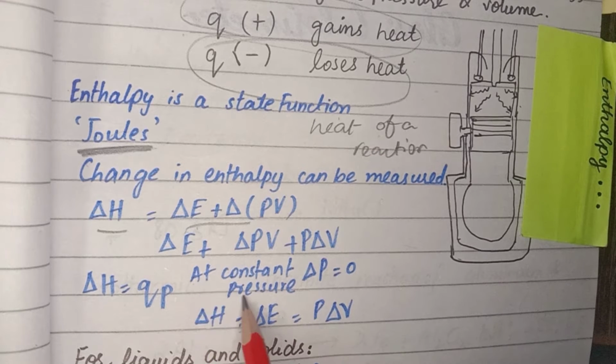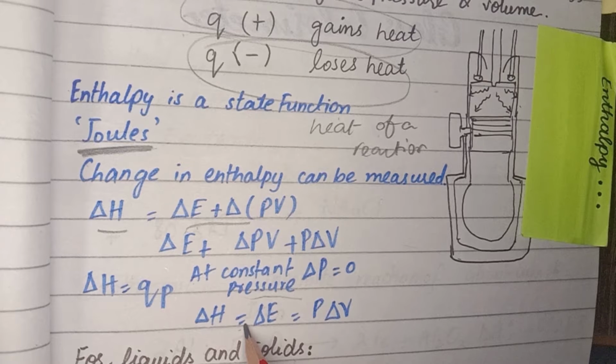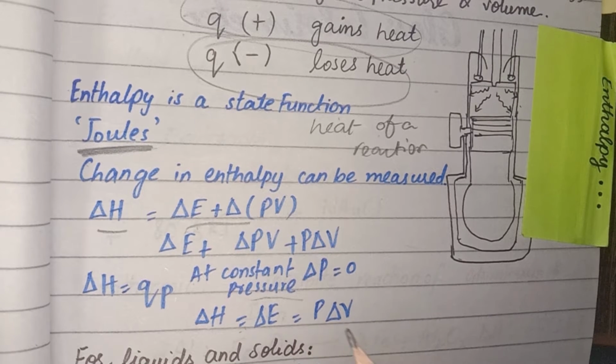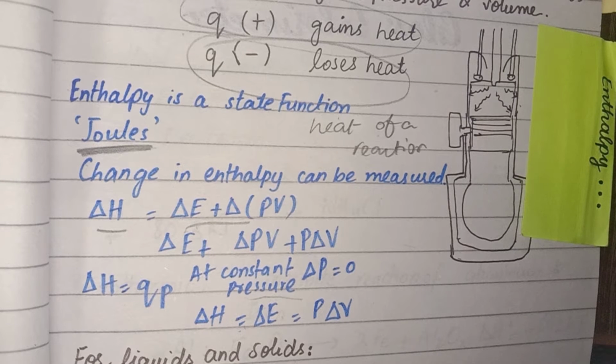If we take a look at the two ways in which a chemical reaction might be carried out, on the one hand, a reaction might be carried out in a closed container with a constant volume so that delta V is equal to 0. In such a case, no PV work can be done, so the energy change in the system is entirely due to heat transfer.